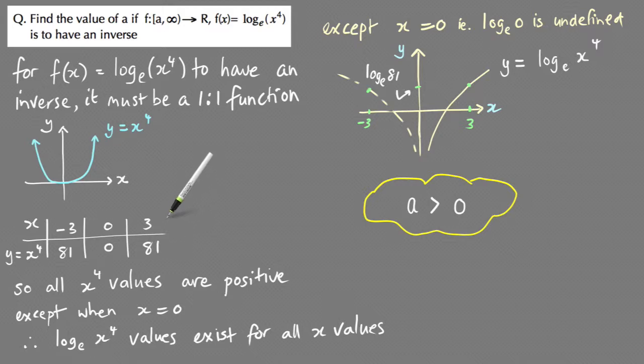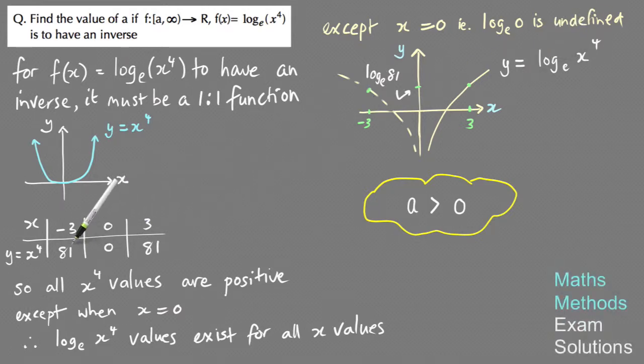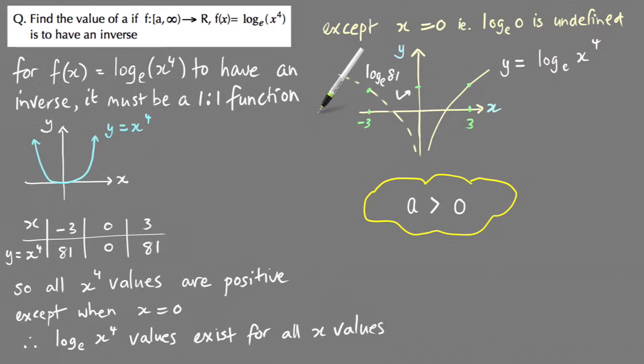The reason for that is this. When you sub in positive x values, all of these x to the 4 values are positive, so you're just getting log e of a positive number, and you get your basic log graph for those positive x values. The x to the 4 values for the negative x values are positive as well, so you get positive inputs to the log and a log graph going that way.